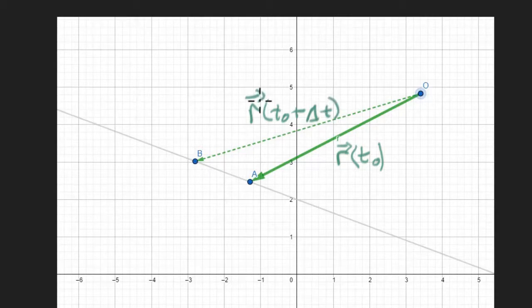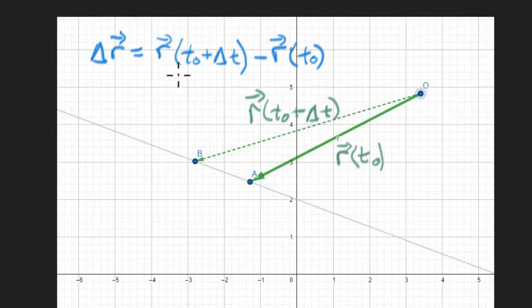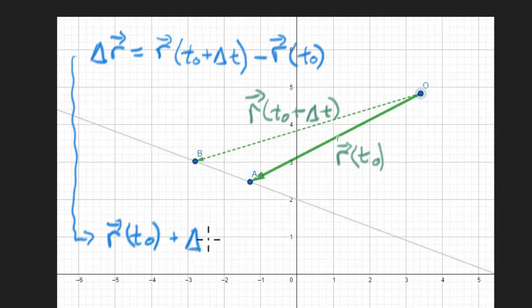And remember, what I'm looking for is the difference between those two vectors. I'll call that difference delta r. So in this expression with the difference, I can rewrite it if I bring the position vector at the current time to the other side. In other words, r at the current time plus delta r is equal to r at the future time.